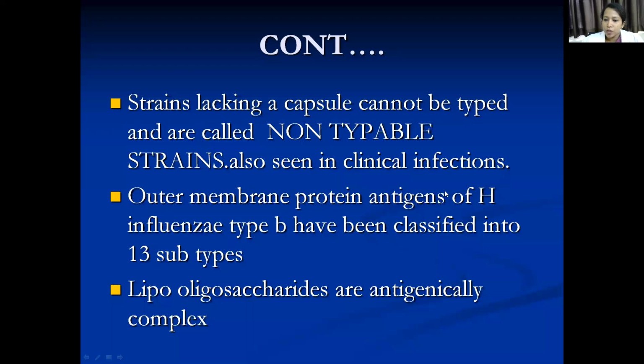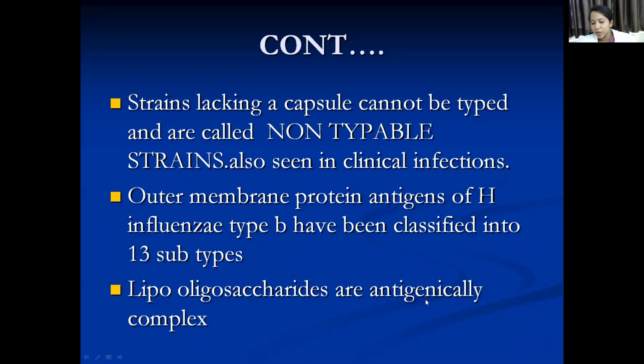Outer membrane protein antigens of H. influenzae type B have been classified into 13 subtypes. Then lastly, the lipo-oligosaccharides, which are antigenically complex.